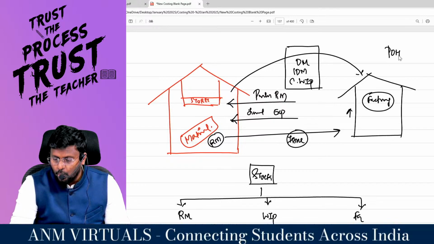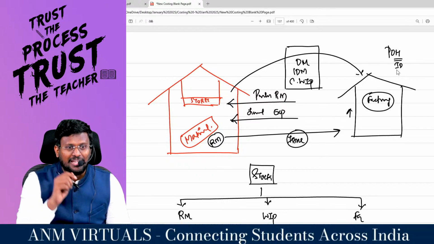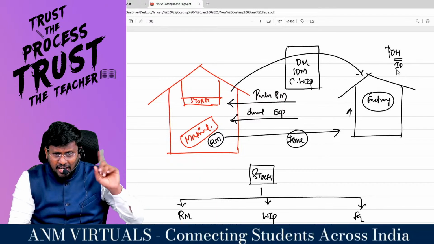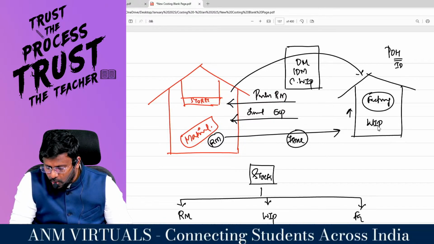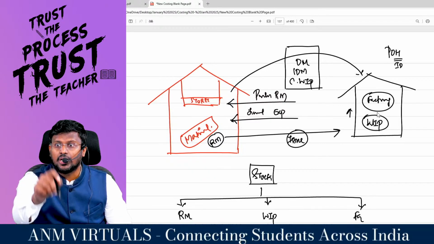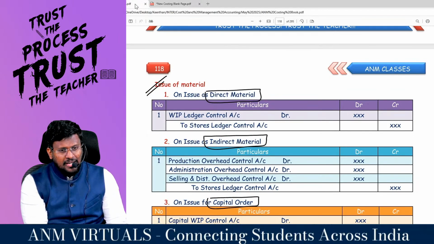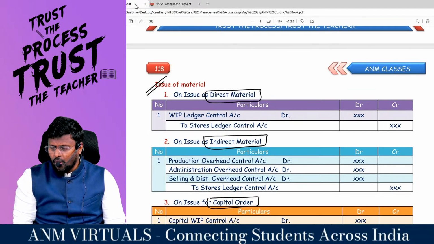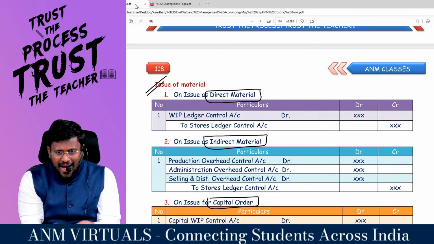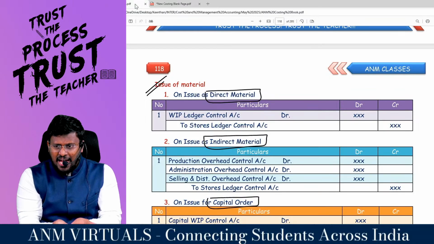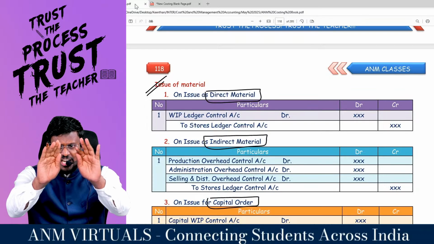Production overhead means indirect, but I am talking about direct material. So I can't debit production overhead control account. For that I will use WIP ledger control account. So the raw material stock in the factory increases, the value of the WIP increases, and the value of the stock in the stores ledger decreases.